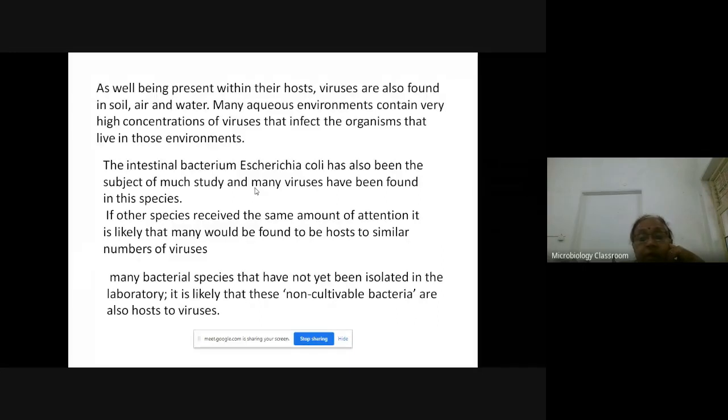But here it also has to be taken into consideration that the microbial world itself has not been discovered to its fullest. This is one part.